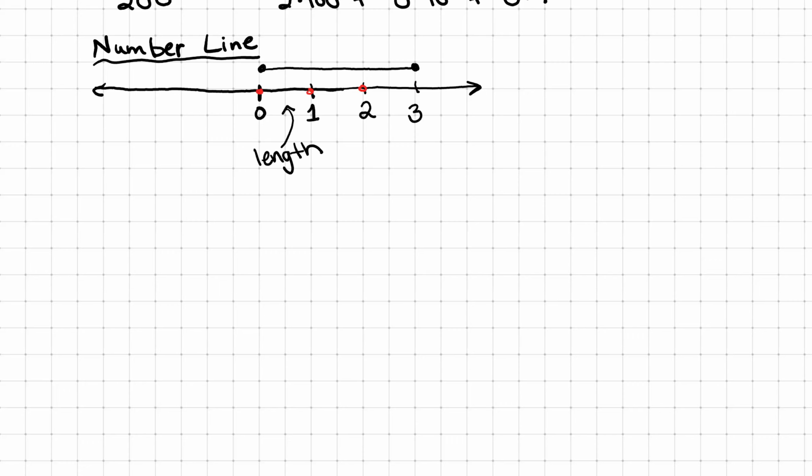And the length on a number line can be found between tick marks. So this line segment is 1, 2, 3 units long.